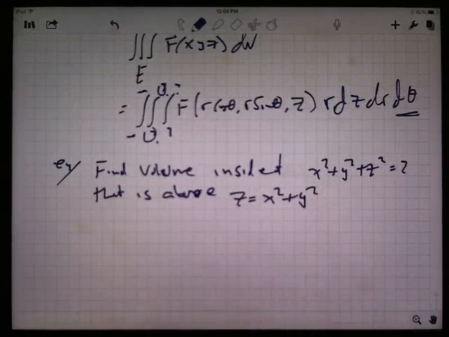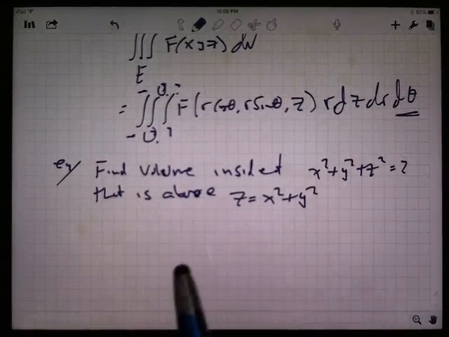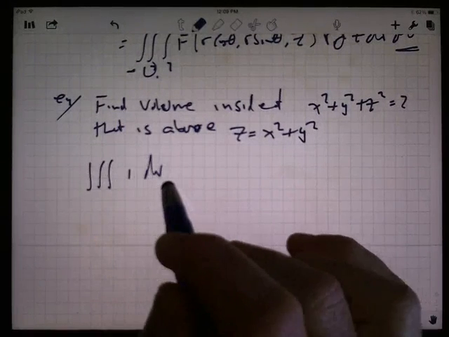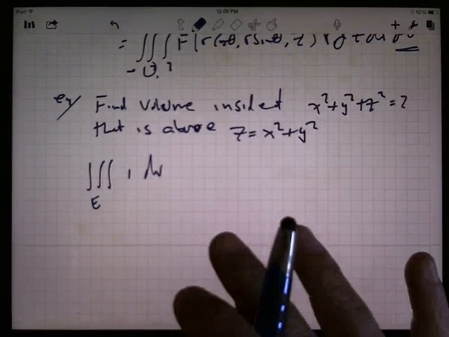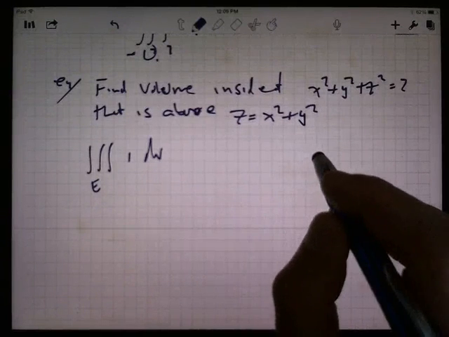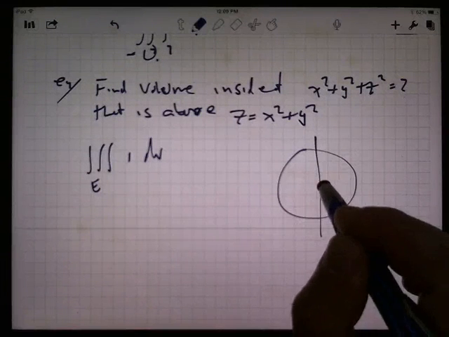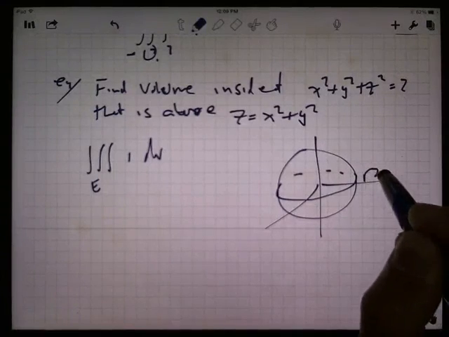Now, triple integrals can be used to find volume by integrating 1 dV. So what I'm looking for is the triple integral of 1 dV over this region that I'm talking about. Well, let's see here. x squared plus y squared plus z squared equals 2 is a sphere of radius square root of 2.